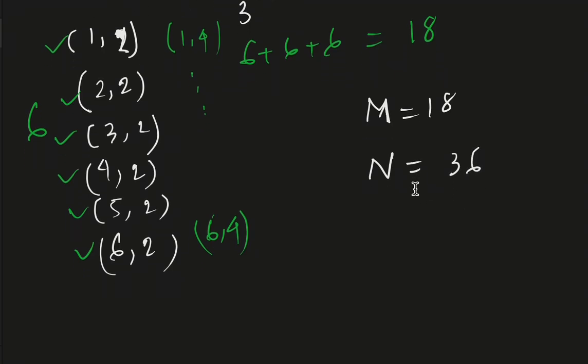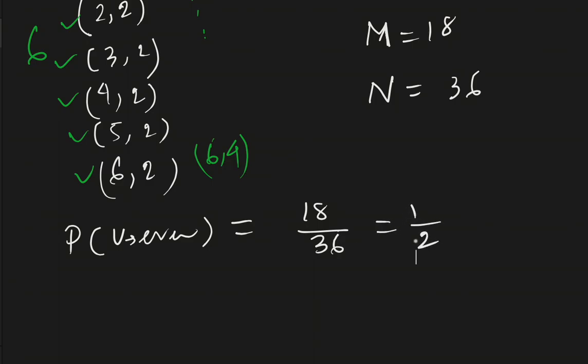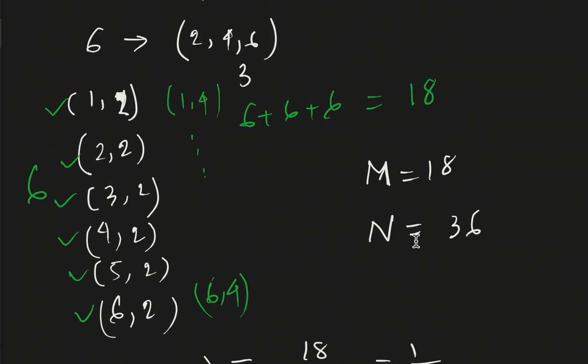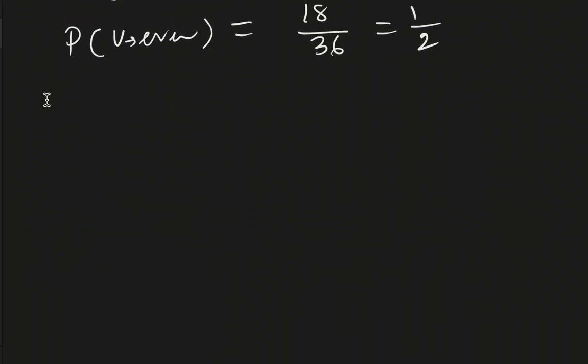So the probability that y is an even number is 18 by 36, which is half. So the first answer is correct. Let me move towards the next question.